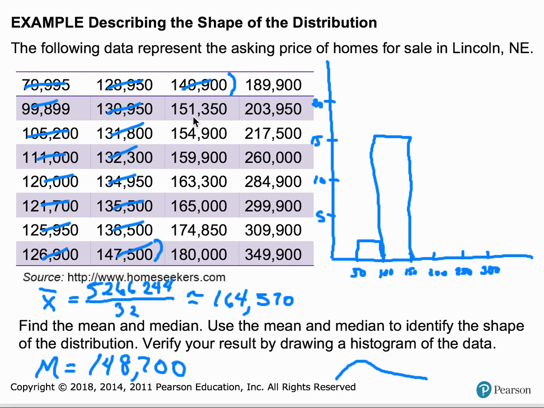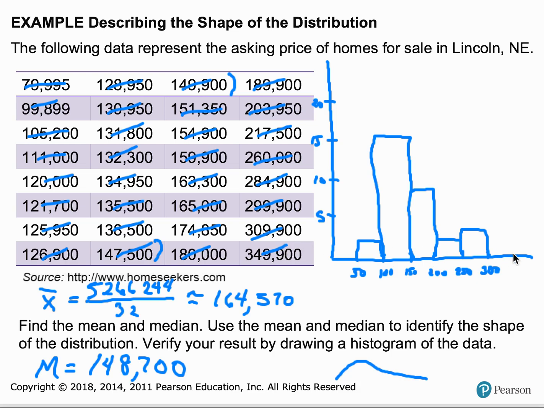Okay, and then the 200. 1, 2, 3, 4, 5, 6, 7, 8. So it's about right here up to 250. 1, 2. Ooh. Okay, then to 300. 1, 2, 3.